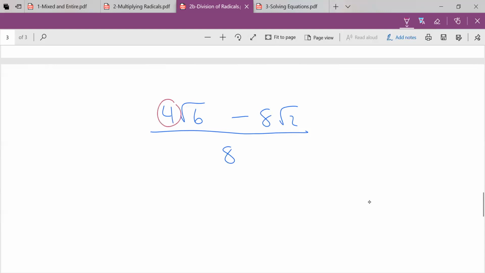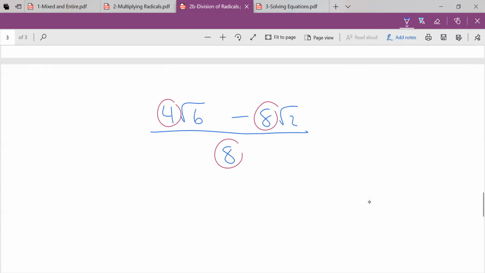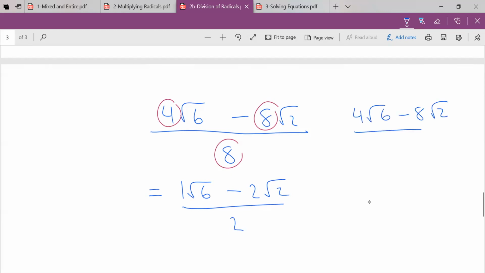Is there something that divides into all three of my coefficients? Is there something that's a factor of all three? Sure, 4 is. That would then divide all of those by 4, like that.